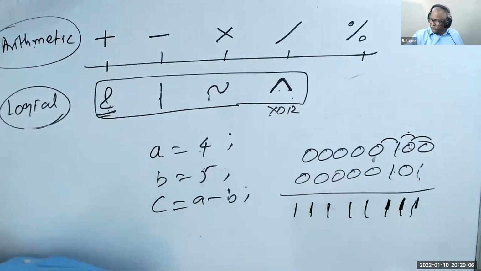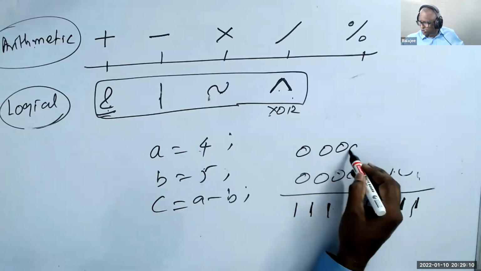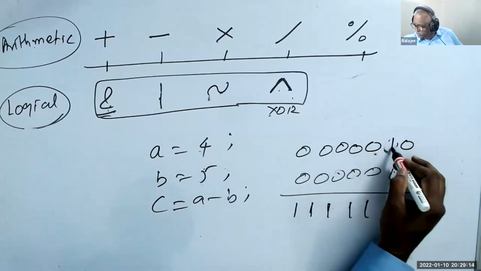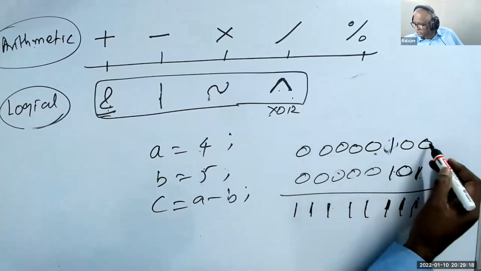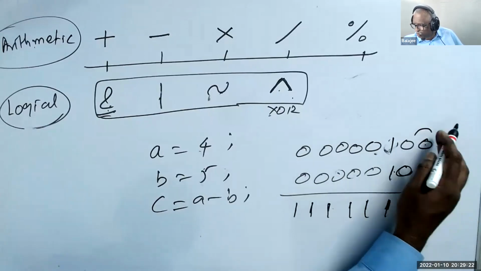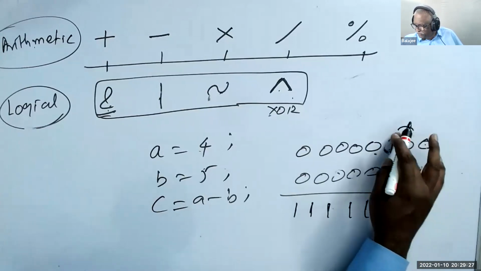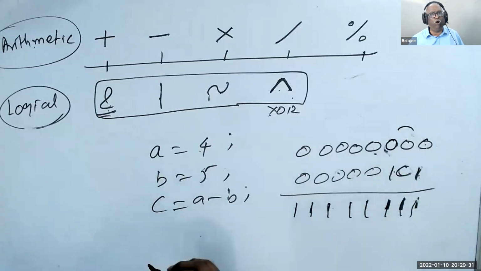I'll tell you one thing, the steps very clearly now. See, 0, 0, 0, 1, 0, 0. Sometimes, initially, what is happening? This guy is 0. This guy is 1. I borrow 1 from here. I cannot borrow because this guy is 0. So this guy borrows from here. So this becomes 0. I borrowed.